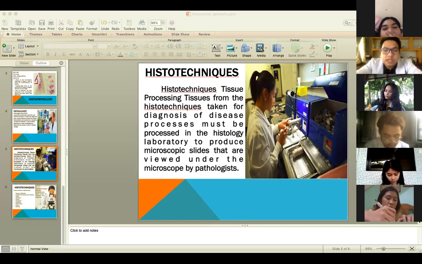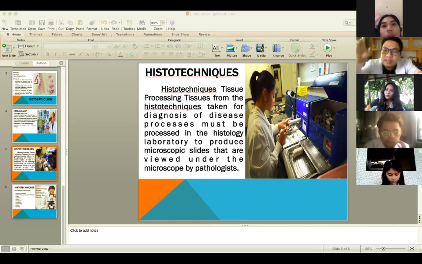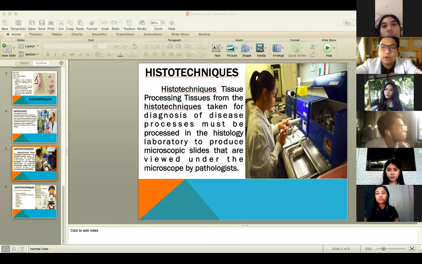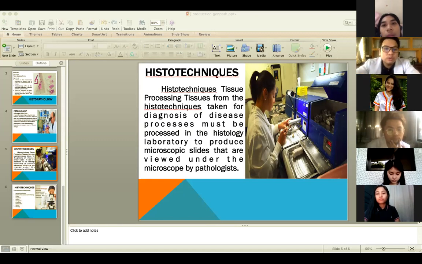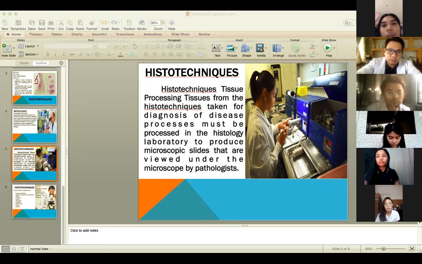Next is squash preparation or crushing. From the term itself, class, a slide, specimen, and then cover it with cover slip or another slide. In that way, naka-crush yung tissue and then luminipis to be able to be viewed in the microscope.